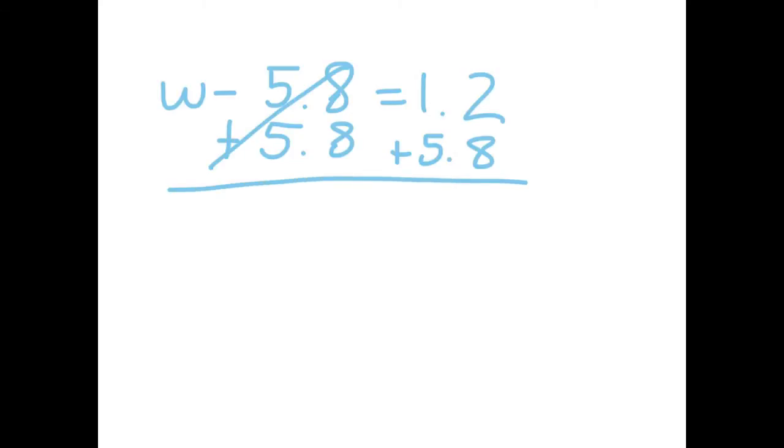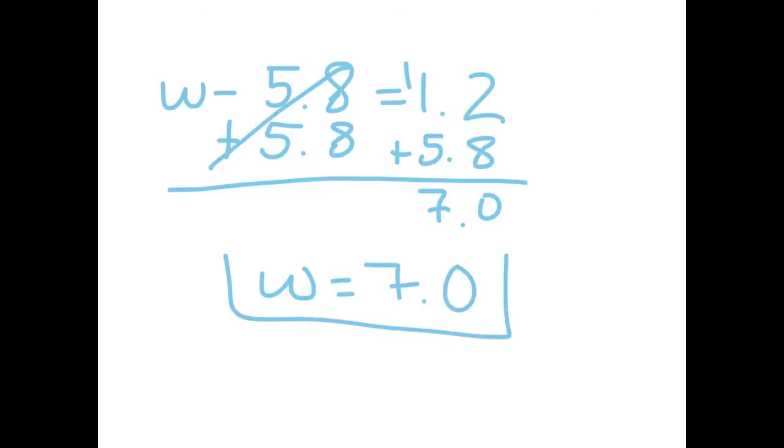And 1.2 plus 5.8 is 7.0. So W equals 7.0, or 7.